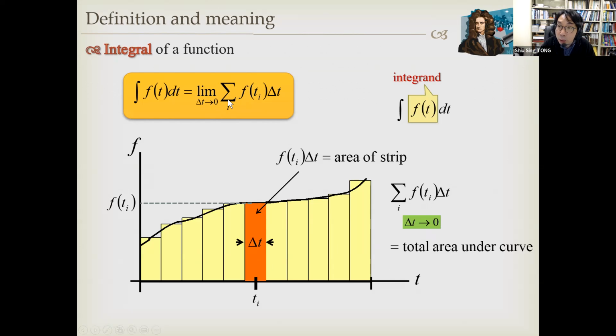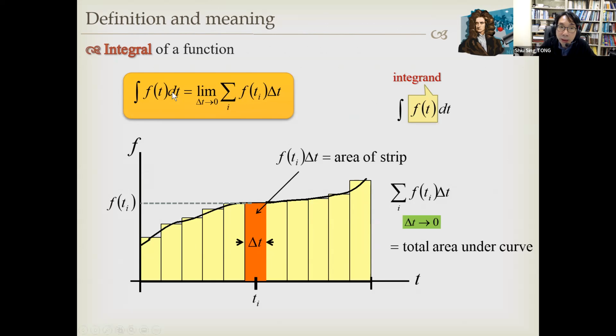Integration is a summation of the function value multiplied by the small width delta t. So in the limit where delta t tends to 0, this summation will tend to the area bounded below by the curve. That is the idea of integration.